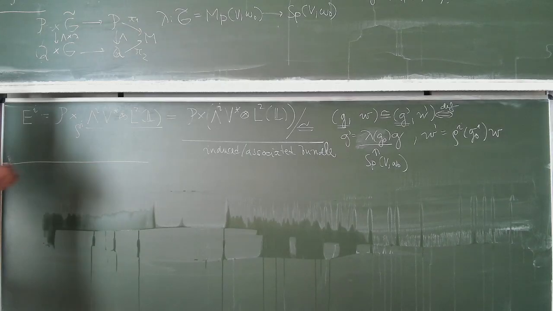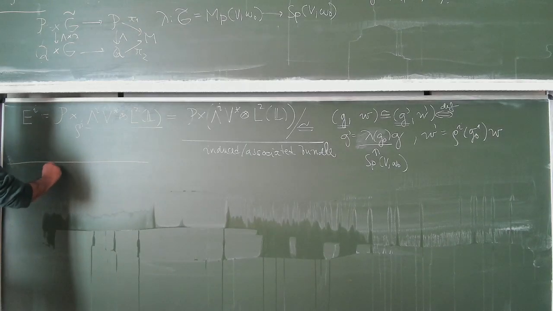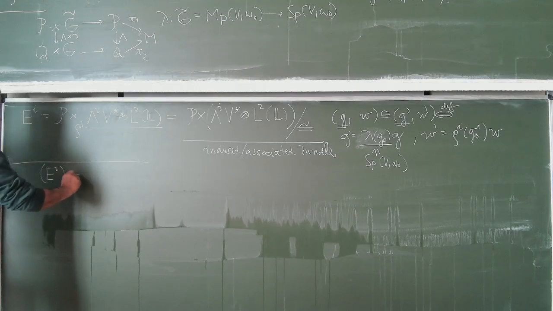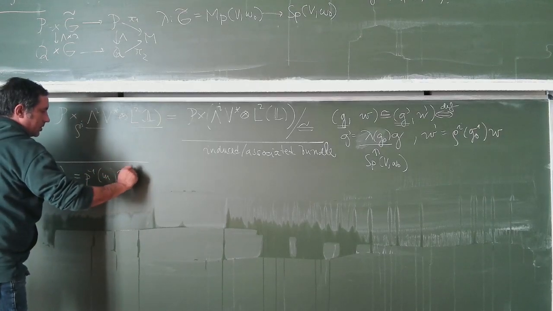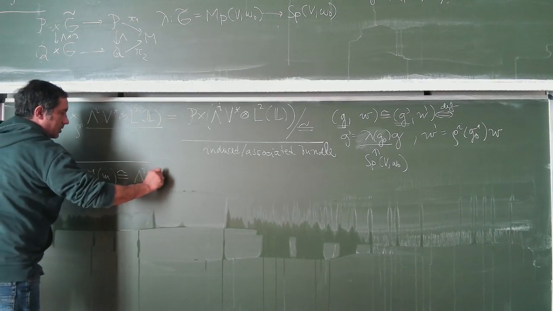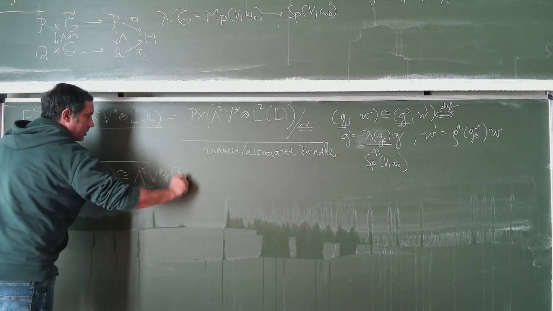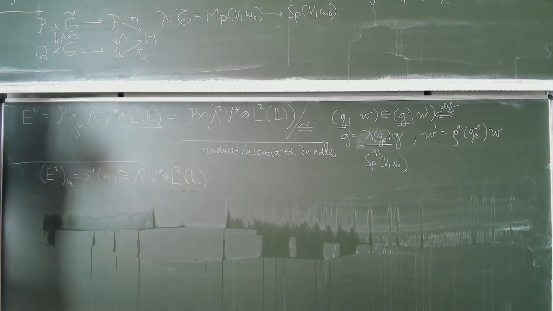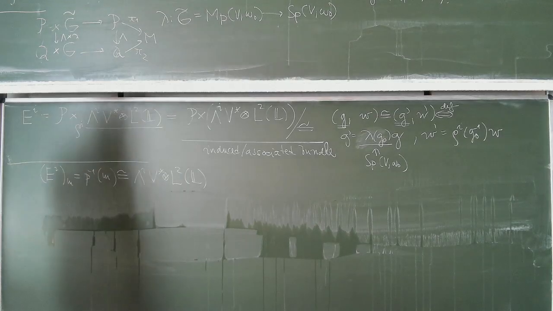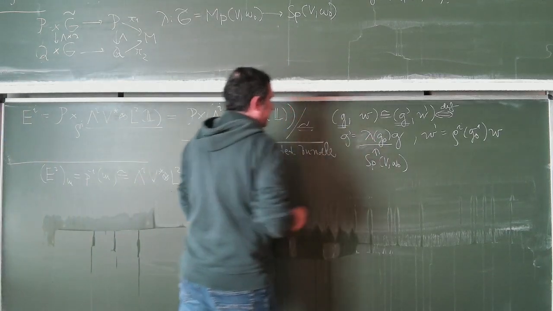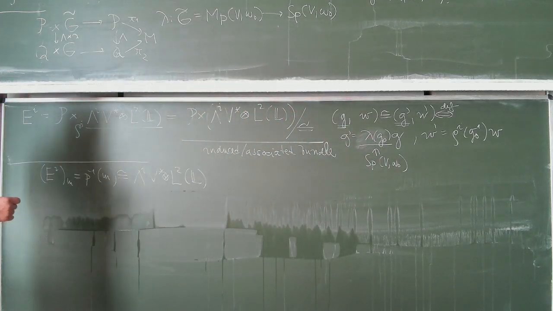So the fiber now is isomorphic to this space. This can be seen easily. This rho lambda is mapped into GL and rho I as well into GL over L2 space.